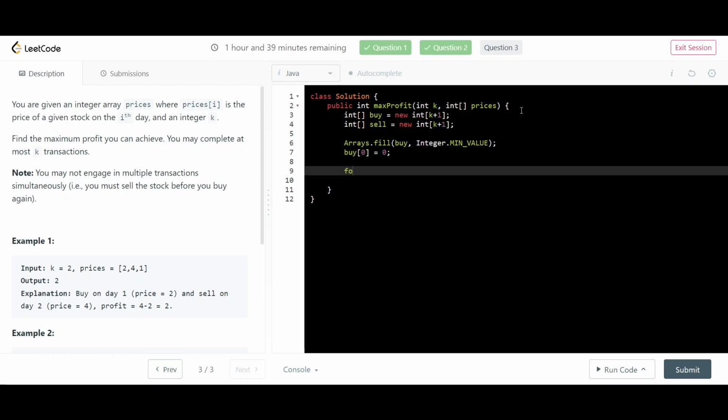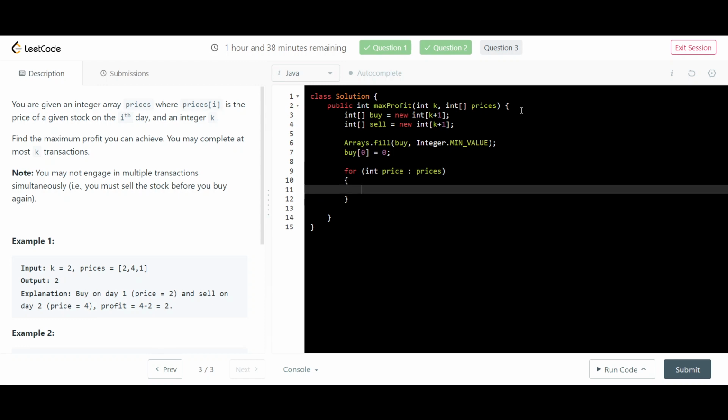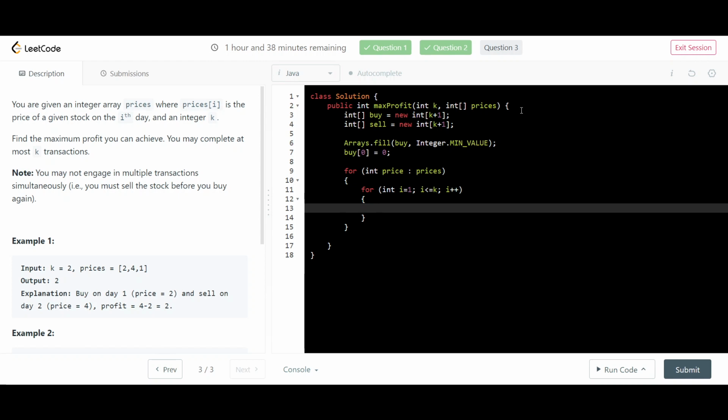All right, so now for each price in prices, we're gonna go for int I equals to 1, I is less than or equals to k, I plus plus, and you're gonna do this.